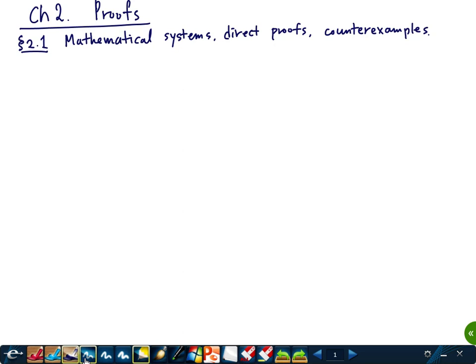So yeah, we're gonna introduce various terminology. Can you read this? What is this?